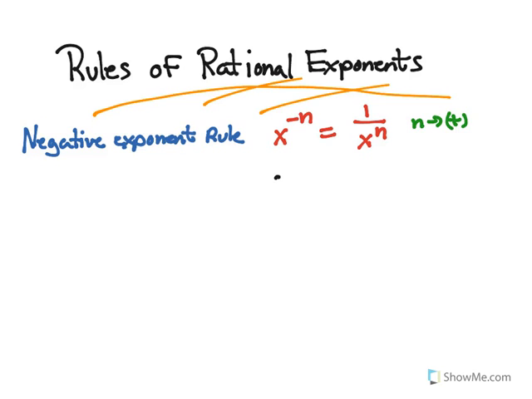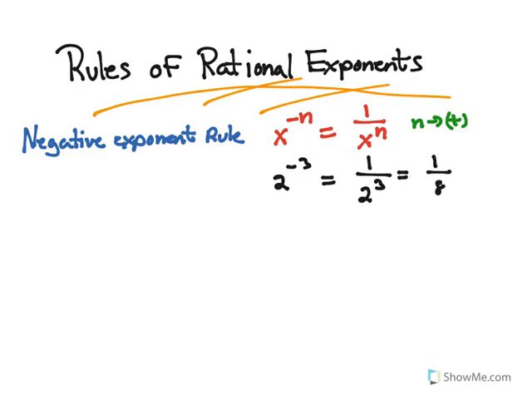An example would be 2 to the negative third power, and that's equivalent to 1 over 2 to the positive third power. And then when you evaluate that, 2 to the third power is 2 times 2 times 2, which is 1 over 8. And that's how you would evaluate that.